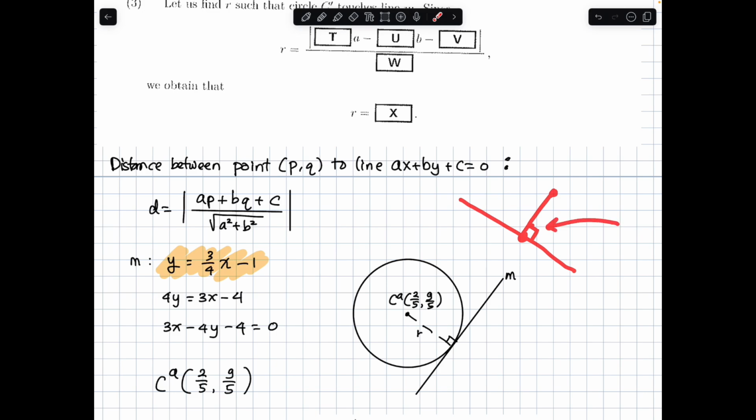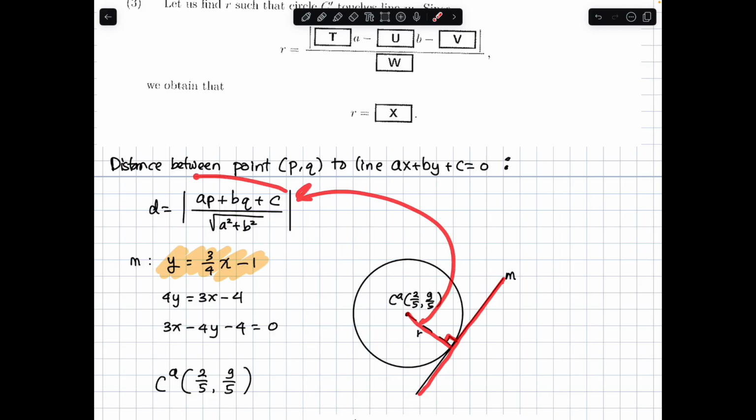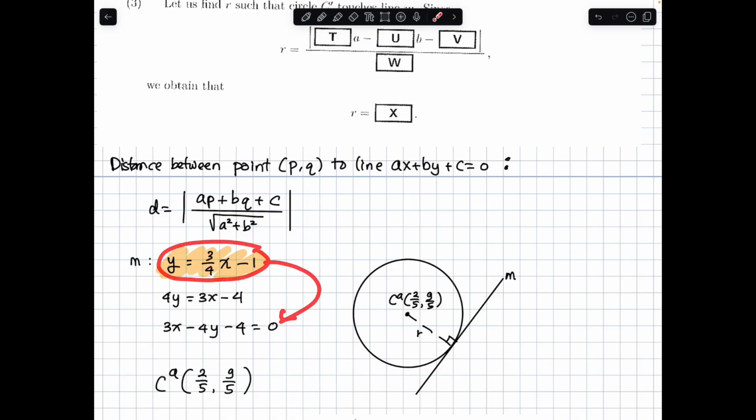The important thing is perpendicular, and all tangents of the circle are always perpendicular to their radius, right? So we can use this kind of situation here. But remember, this formula requires you to change this equation to become this one.